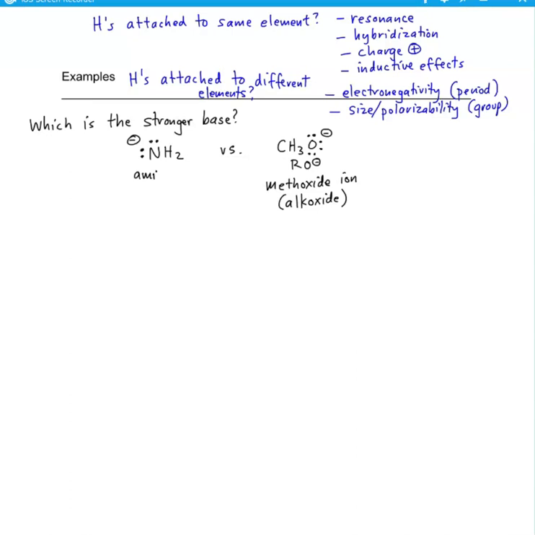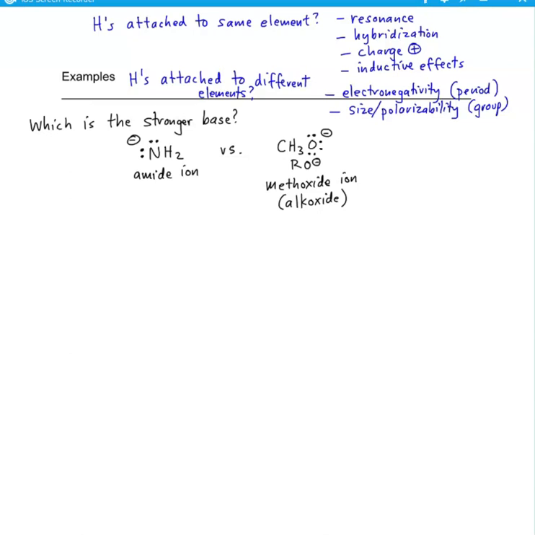Okay, so amide versus methoxide. All right, there's two arguments you could come up with for this. So take a few minutes, pause the video, and see if you can come up with at least one argument to support your answer to the question, which is the stronger base?